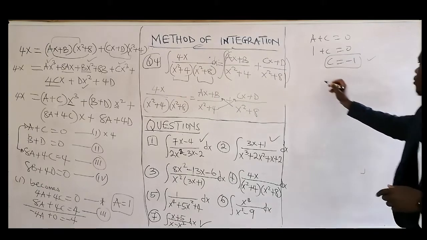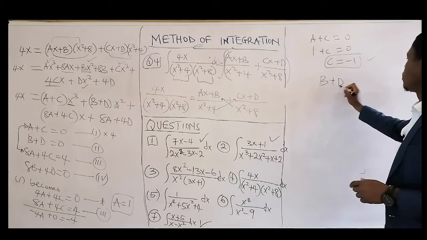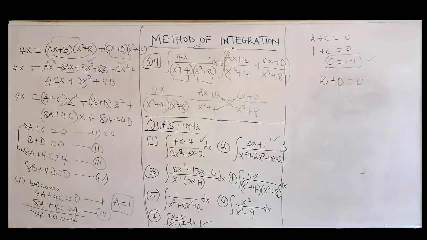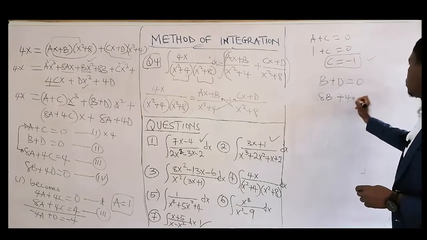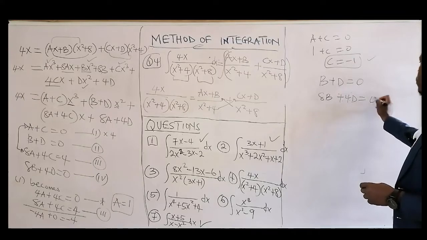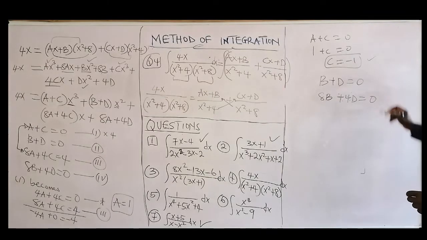We have b plus d equal to 0. We also have 8b plus 4d equal to 0. This is equation 2 and this is equation 4.